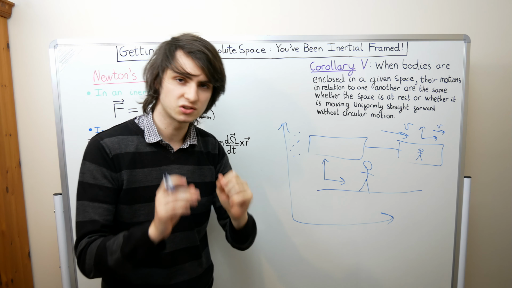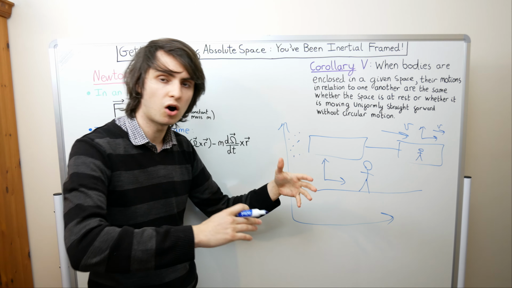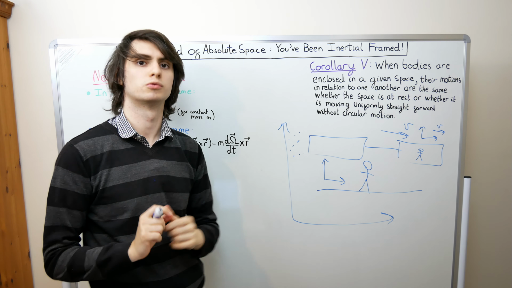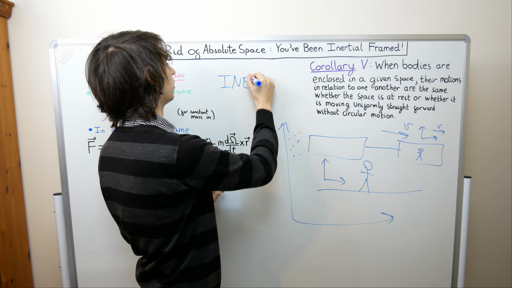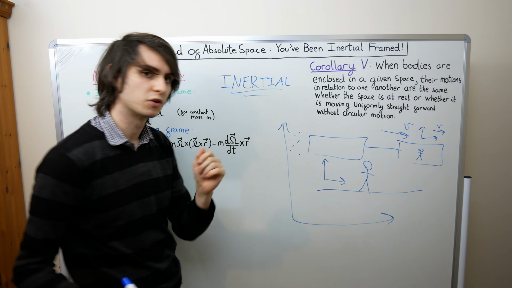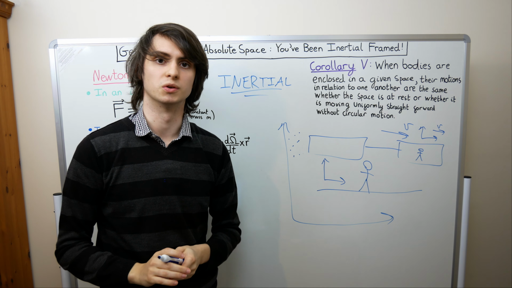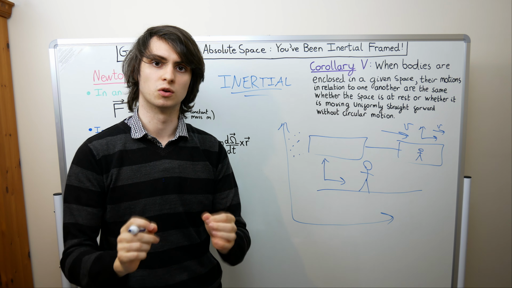The solution then is not to pick out one ultimate special reference frame, but to allow a whole class of them. Inertial reference frames are the special class of frames. There are plenty of ways of characterising what an inertial frame is, but let's focus on the one directly related to Newton's laws. We define an inertial frame as one in which Newton's first law holds.